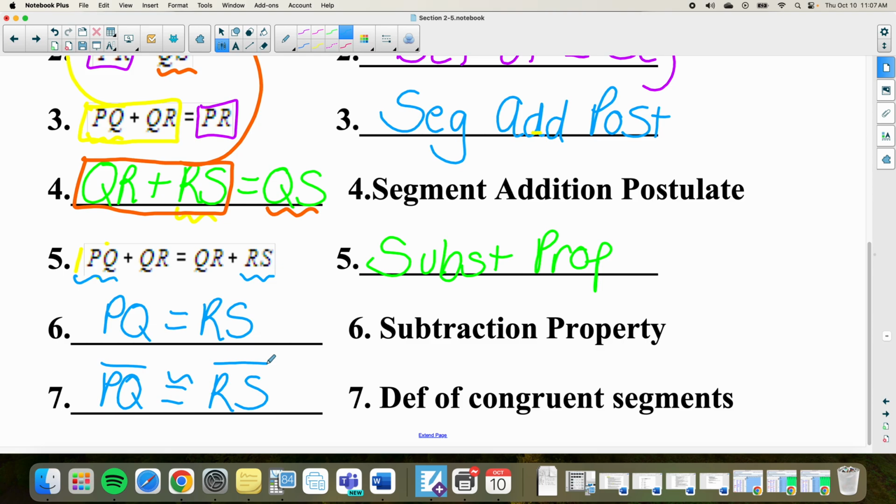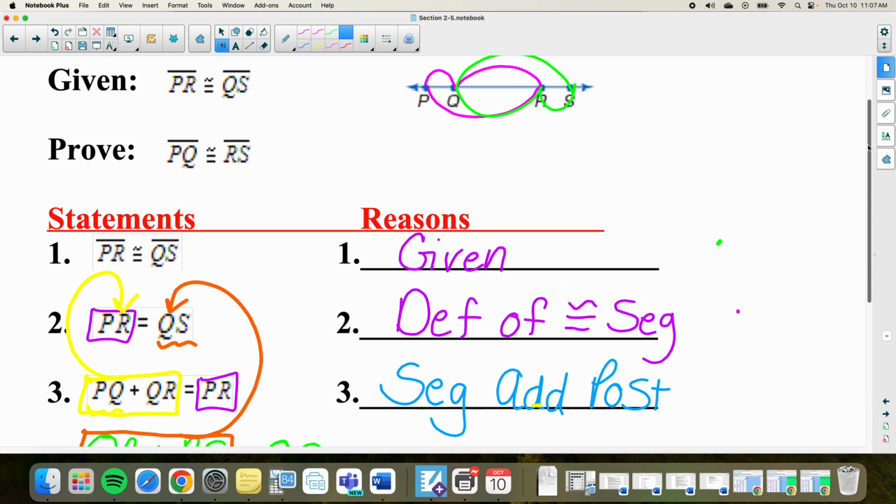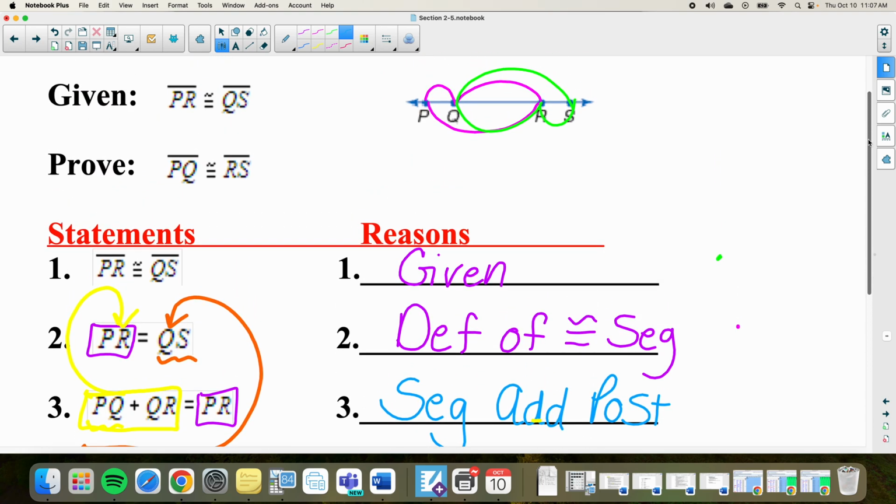Now this proof is easier than some of them you're gonna be doing today because they had the left side done for you, and a lot of your assignment is going to be where you do the entire proof. But I just wanna point out, they started with the given. Then they took the bars and squiggly off.